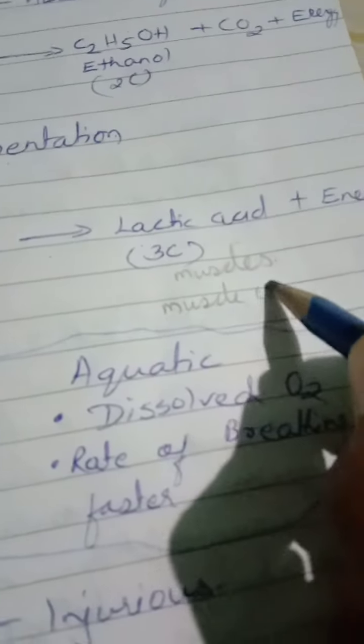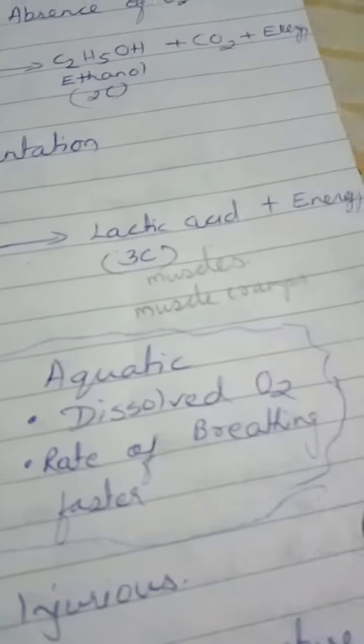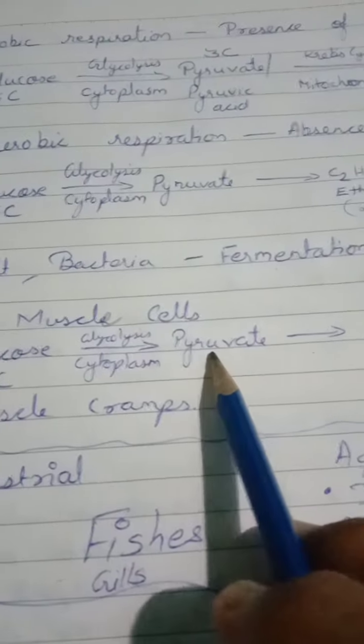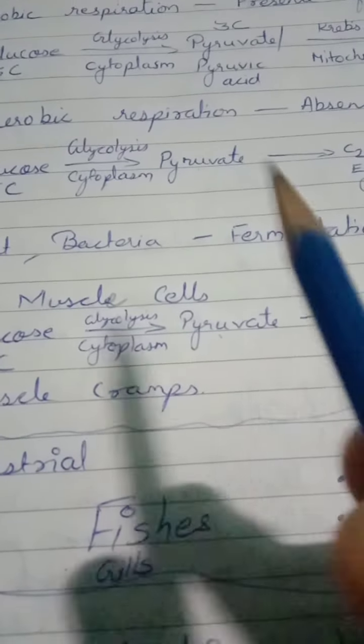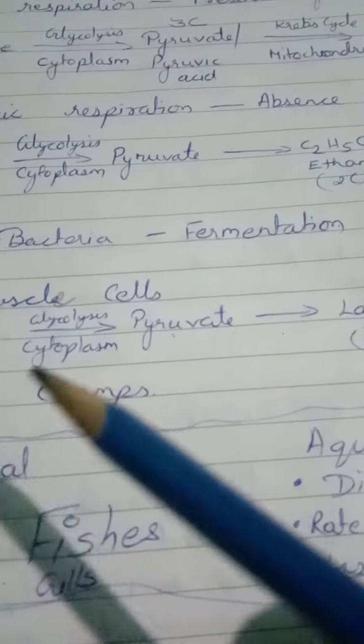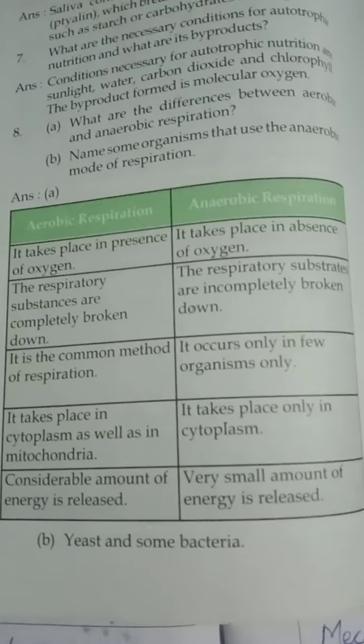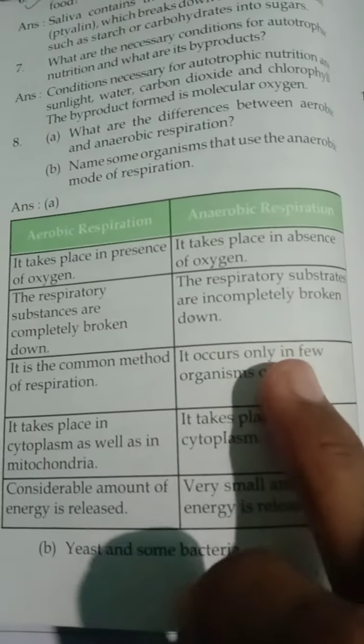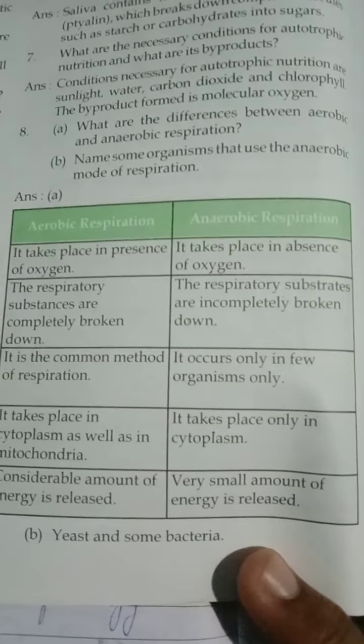Very important, dear students, for your examinations and all, muscle cramps. Okay, so the pathways are similar till pyruvate, but it leads to different ways according to the availability of oxygen. Correct? The difference between aerobic and anaerobic I am taking directly from the book.